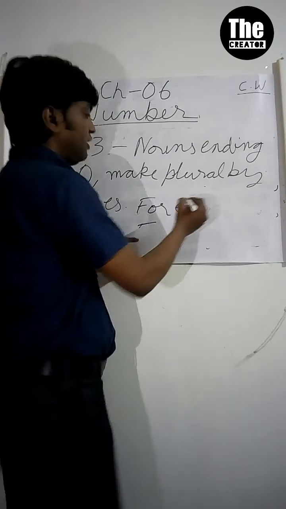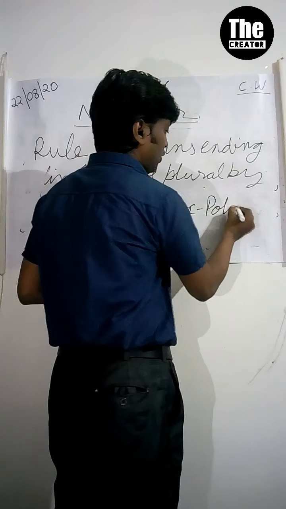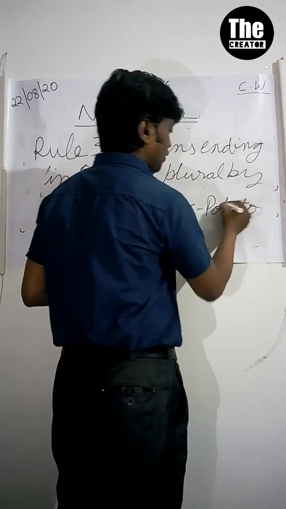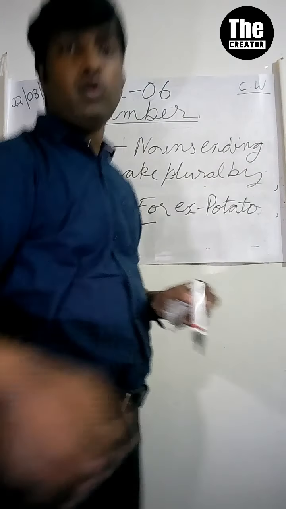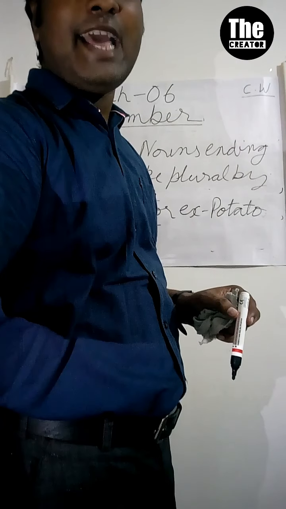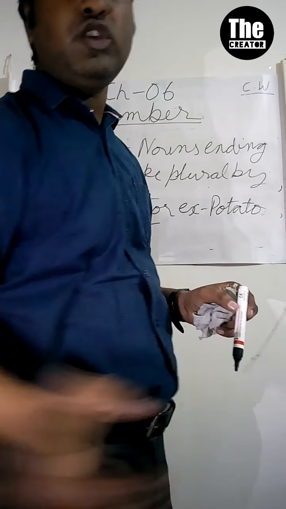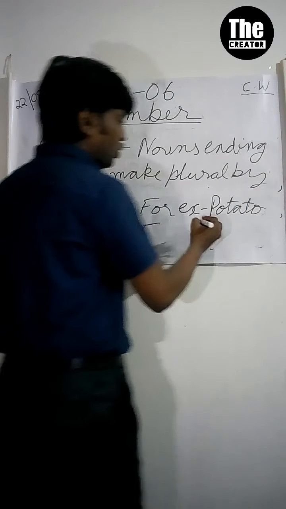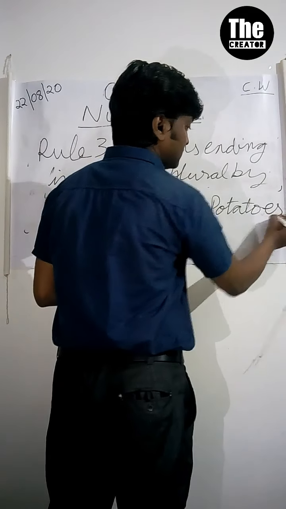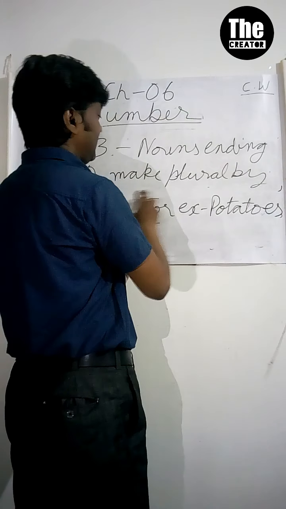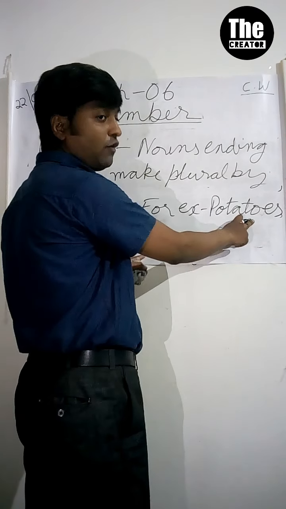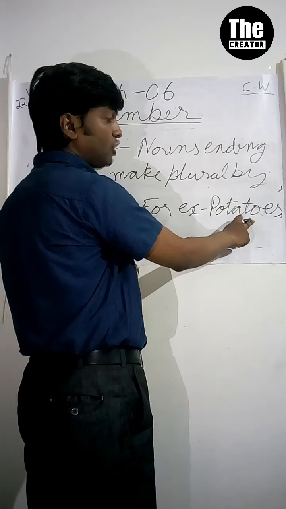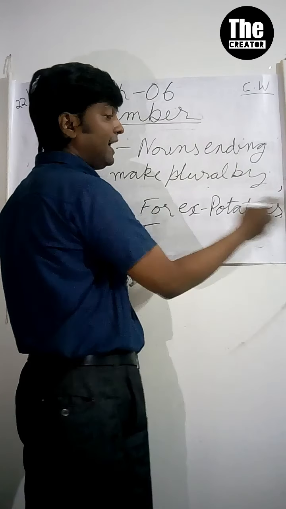For example, potato. So what you need to do? You just need to add ES in it. Then it becomes potatoes. So nouns ending in O. This noun was also ending in O, but we added ES in it.